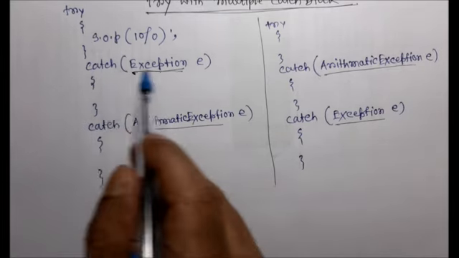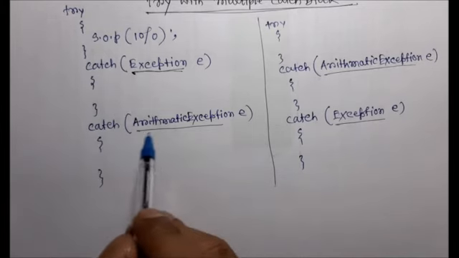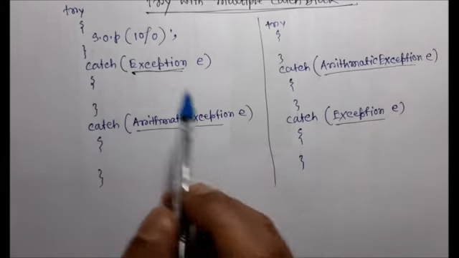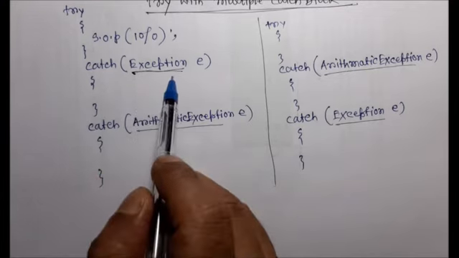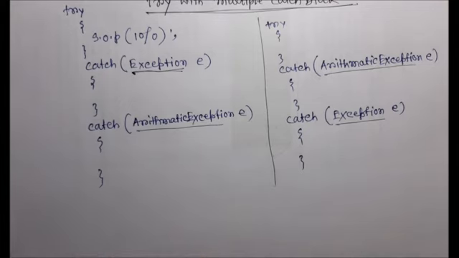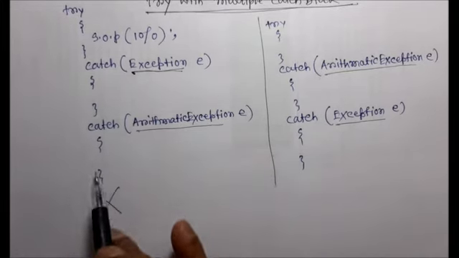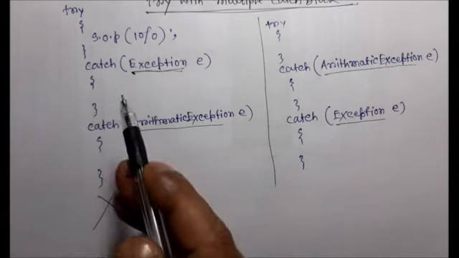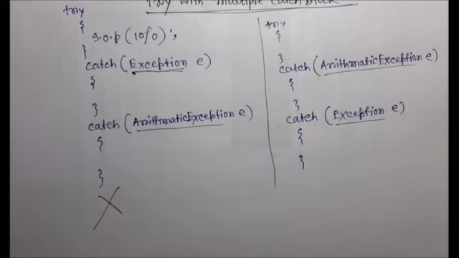So this catch block will handle this code, and when there is an ArithmeticException, the super class has already handled this code. So there is a compilation error. Why? Because we cannot write multiple catch blocks in an order of exceptions from higher to lower hierarchy.